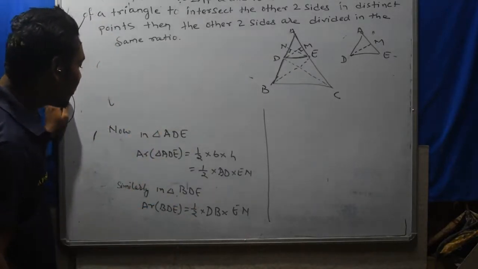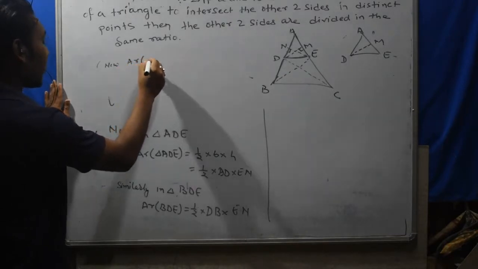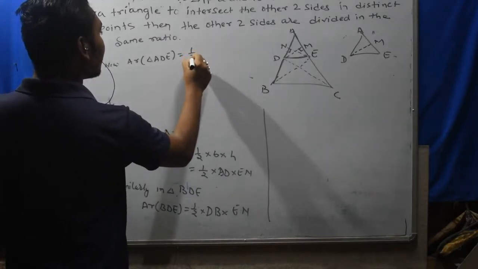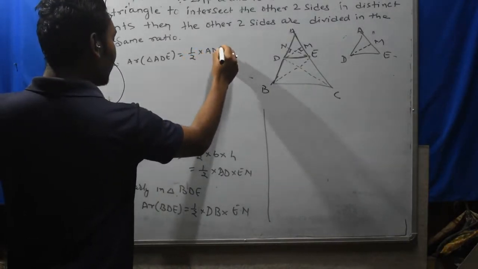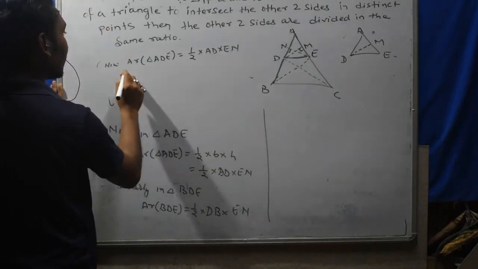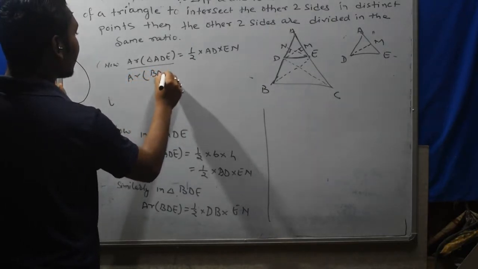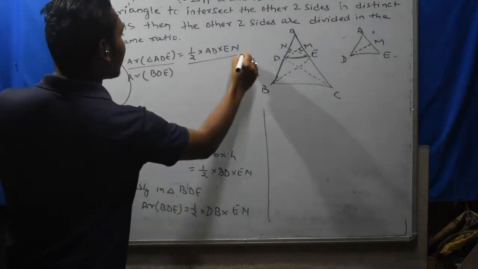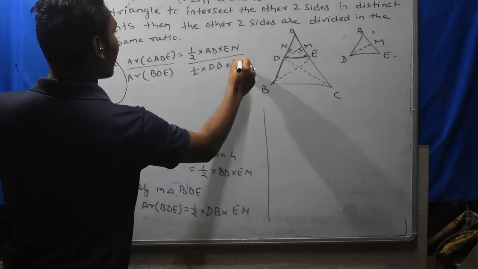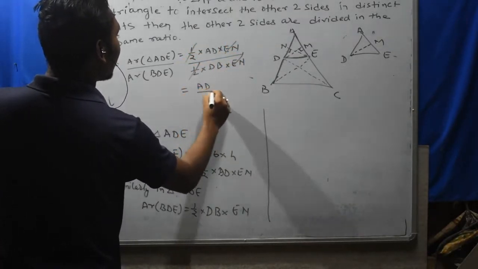Area of triangle ADE equal to half into AD into EN, by area BDE, that is half into DB into EN. Half cancel, EN cancel, that is AD by DB.